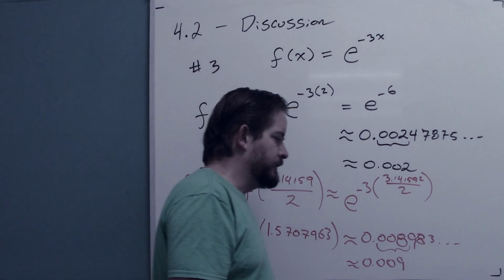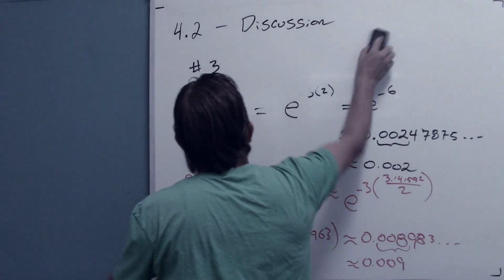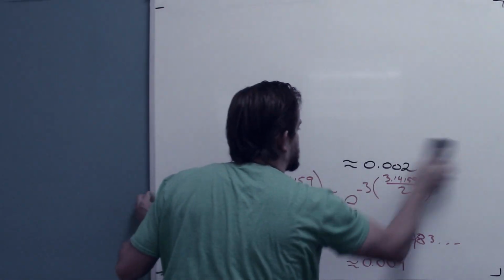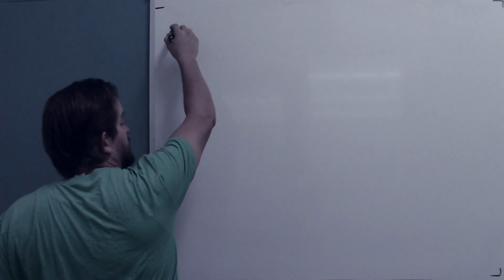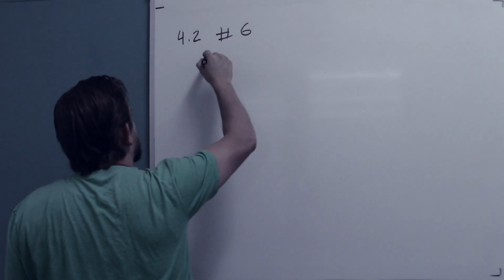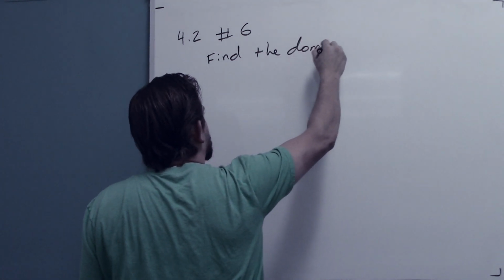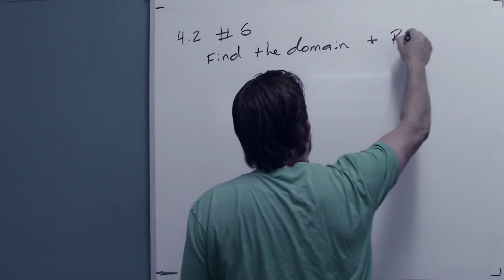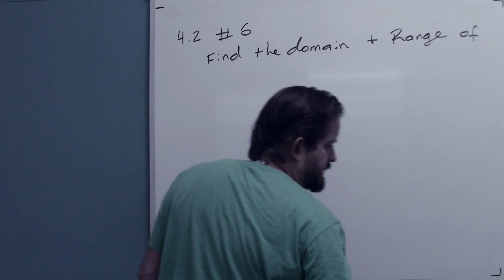All right. Let's look at number 6. Six says find the domain and the range of the function. The function is e to the x.